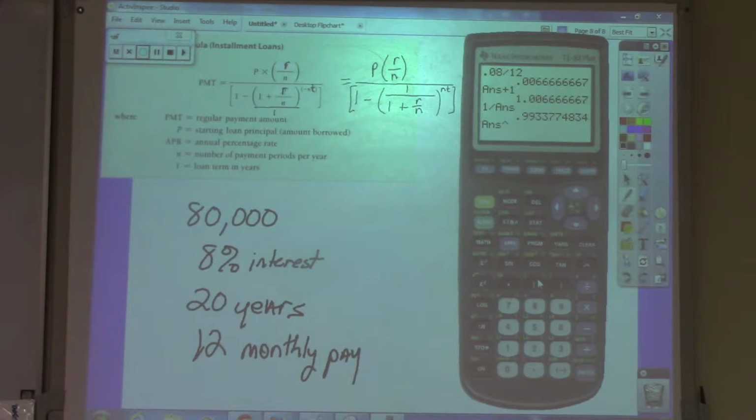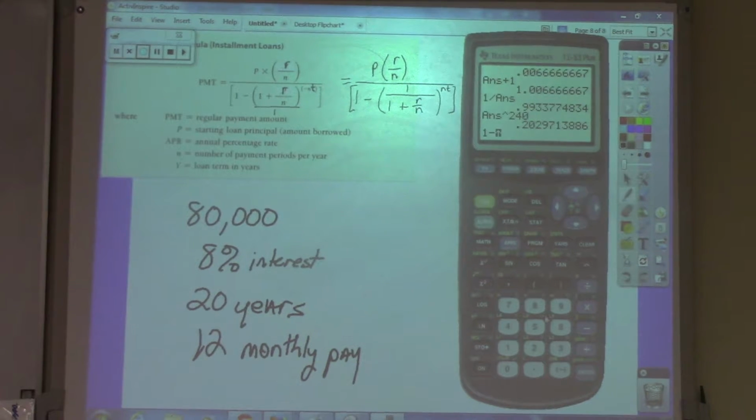Well, n is 12 times 20, 240. And that's that number. And 1 minus that number is that number. And that's your denominator. So, store it in alpha D. And let's do the numerator.